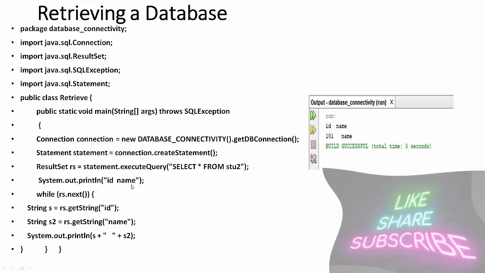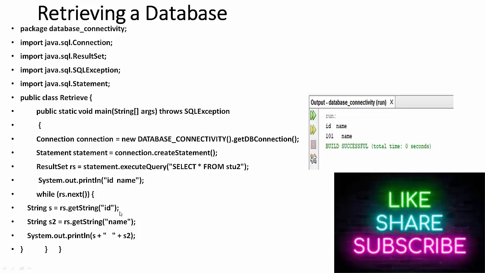Based upon the ID and name we are going to retrieve the particular things. Finally we retrieve the particular IDs, which are converted into string format and stored in s and s2. Now System.out.println is going to print the values stored in s and s2.